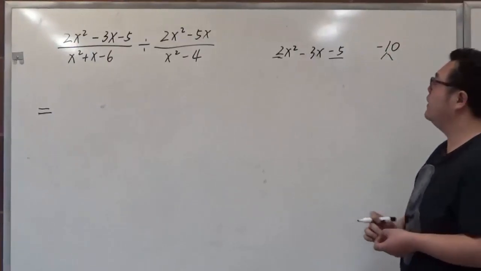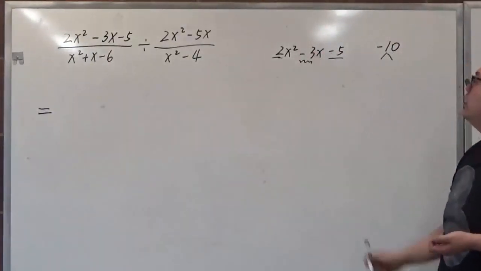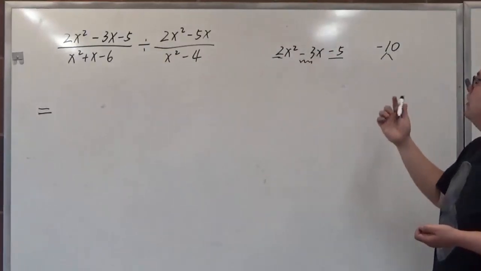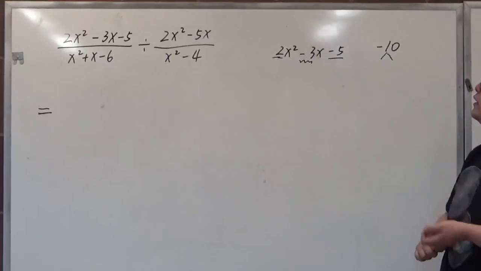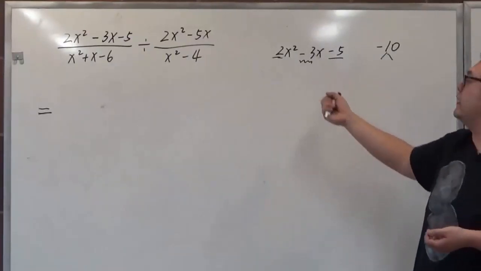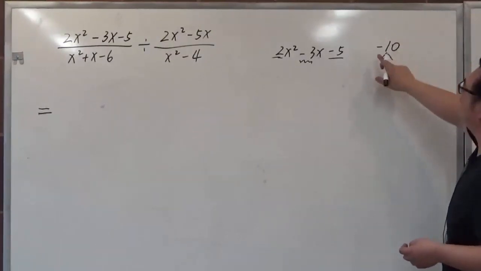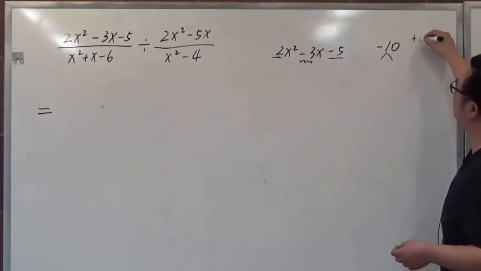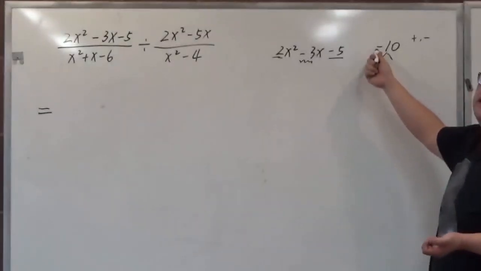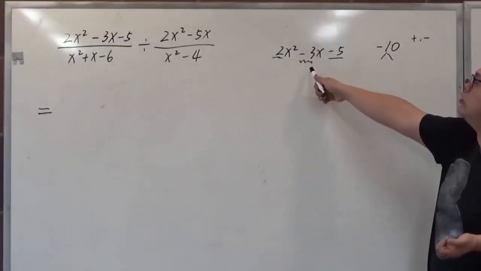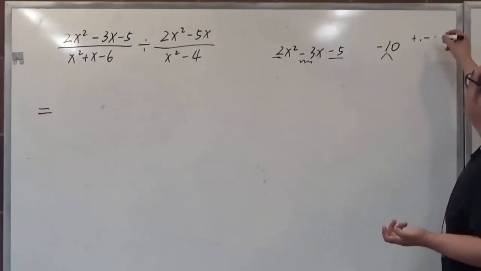Then we try to find factors of negative 10 that combine to negative 3, in other words the coefficient of x. Before we do that, the factors should be one positive and one negative, since the product is a negative number. Also, the sum of the two numbers is negative.